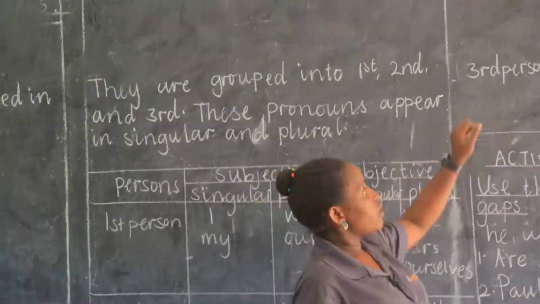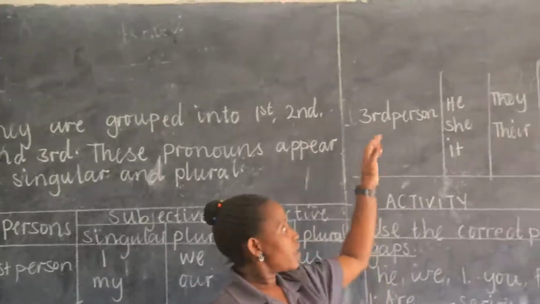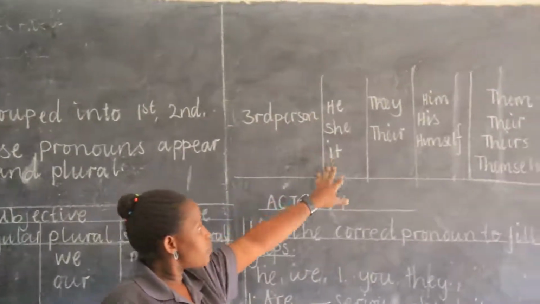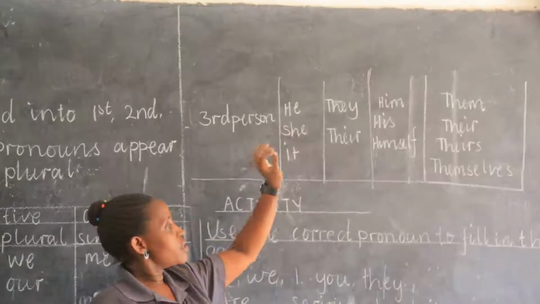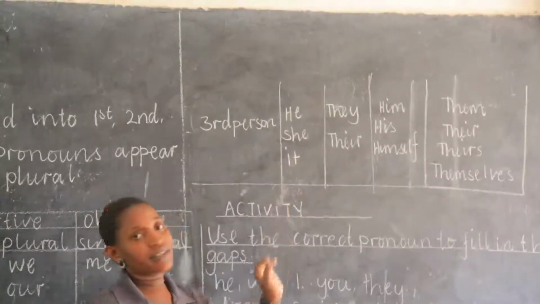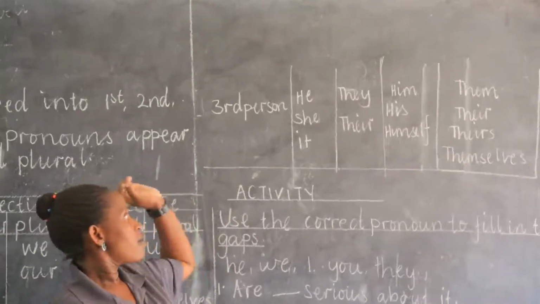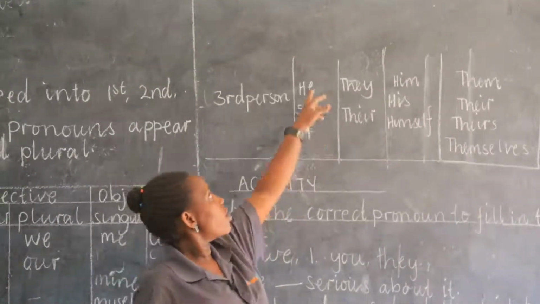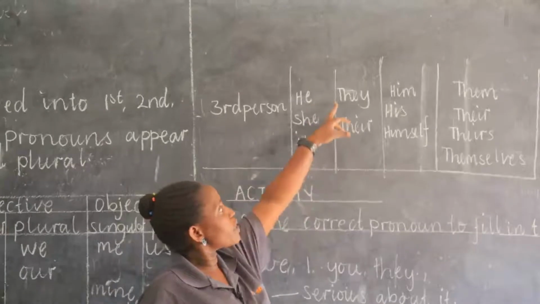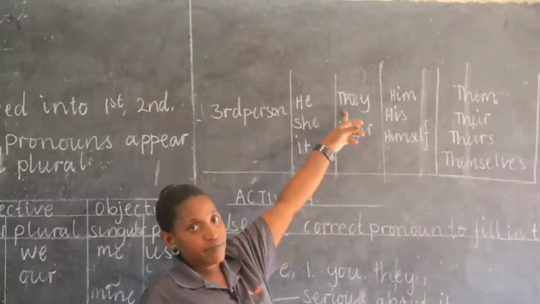Then we come to the third person. Third person singular, subjective, we have he, she, then it. That is subjective personal pronouns. Then when we come to plural, all these ones in plural become they.